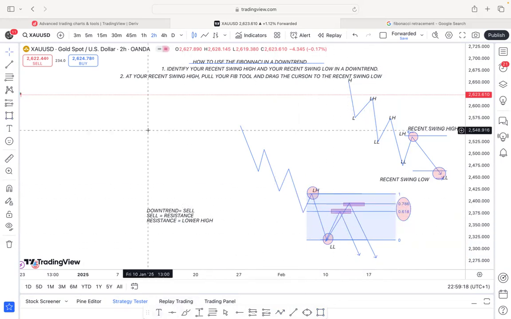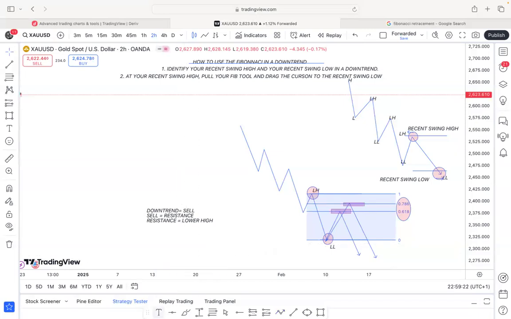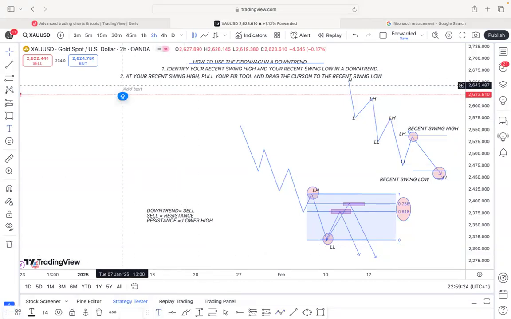So now the third step should be you identify, that's number 3. Forgot to type that out, but I believe you get the logic. You identify your levels, which is your 0.618 and 0.786 levels where price may come back to find resistance, right?